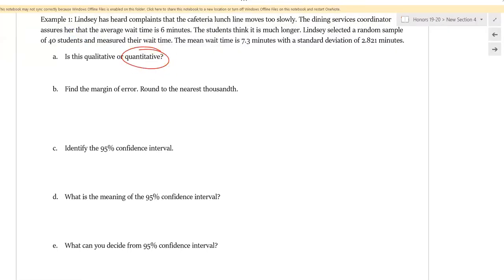So we're going to use our quantitative margin of error formula: 1.96 times s over the square root of n, where s is our sample standard deviation. Her sample standard deviation is 2.821. And n is our sample size; she selected a random sample of 40 students, so n is 40.